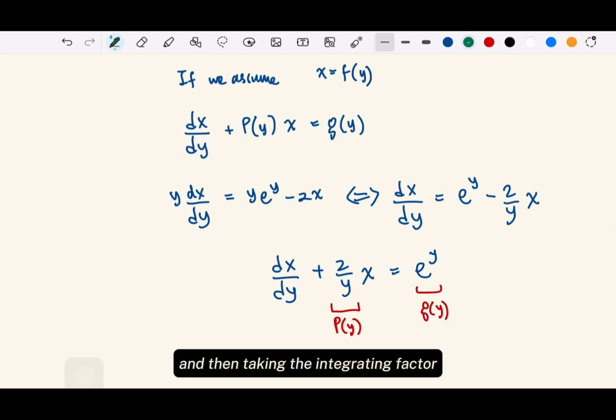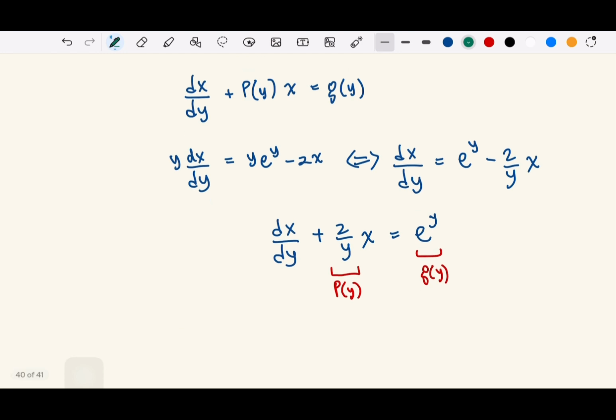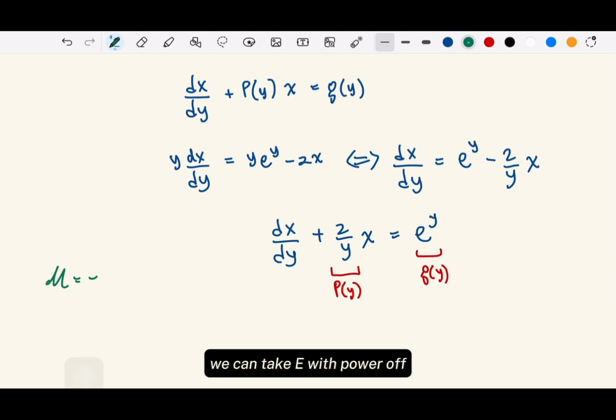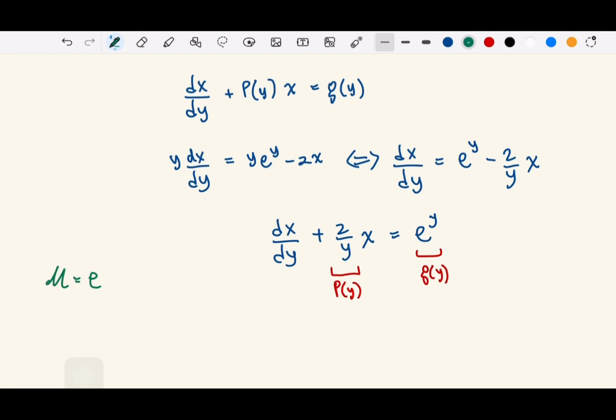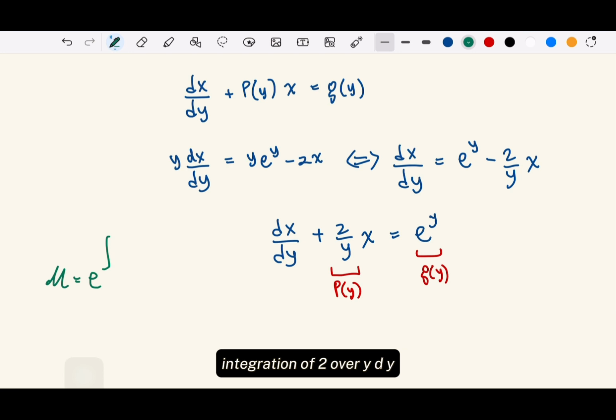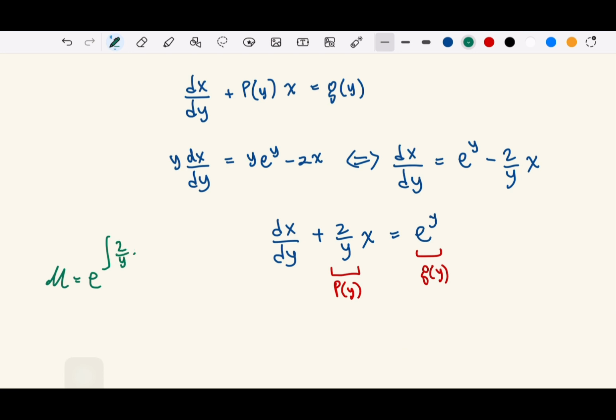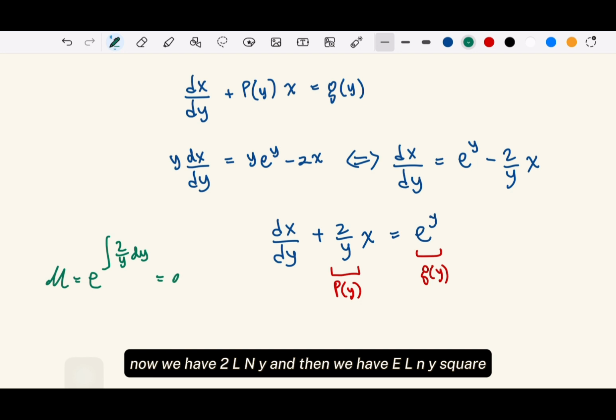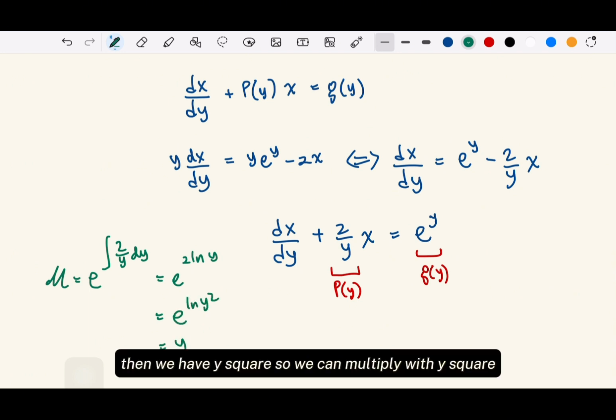And then taking the integrating factor, we can take e to the power of the integration of 2 over y dy. Now we have 2 ln y, and then we have e to the power of ln y squared, then we have y squared. So we can multiply with y squared.